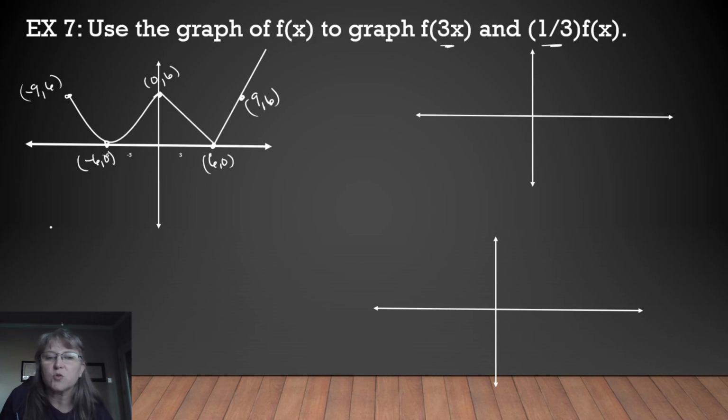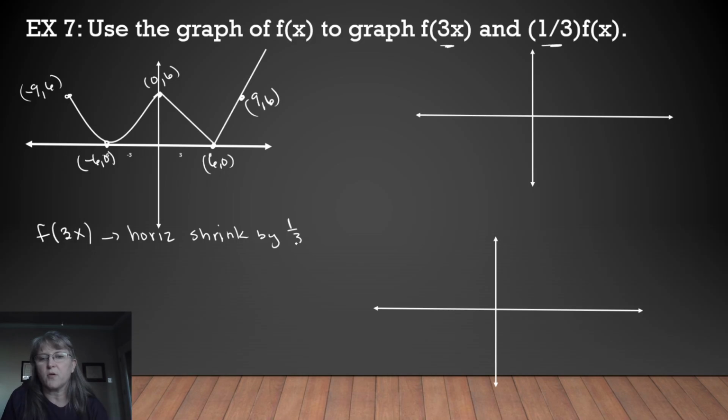So let's take the first one. We're going to do f of 3x, okay? So that means I'm going to do a horizontal shrink by 1/3. Now, since it's horizontal, that means I'm taking the x times a third. So in each point, I'm going to multiply the x by 1/3.